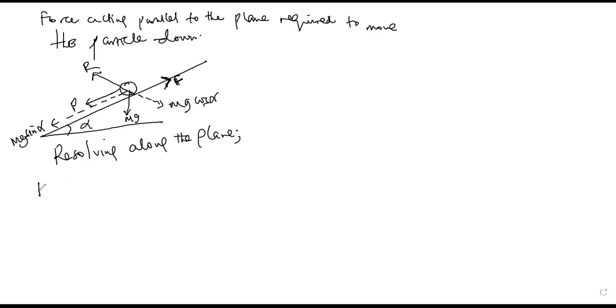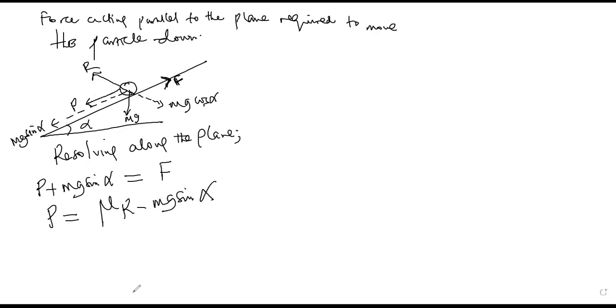So we shall have P plus mg sine alpha equaling to F, implying that P, because we're interested in force P, is equal to mu R minus mg sine alpha, isn't it? Because F is mu R, so we subtract this. I call this one equation star.